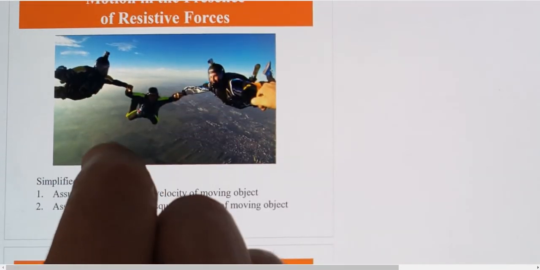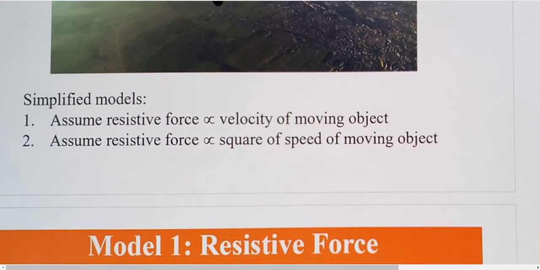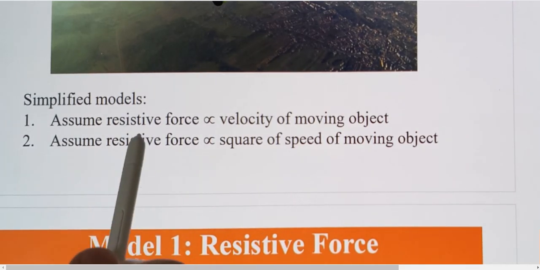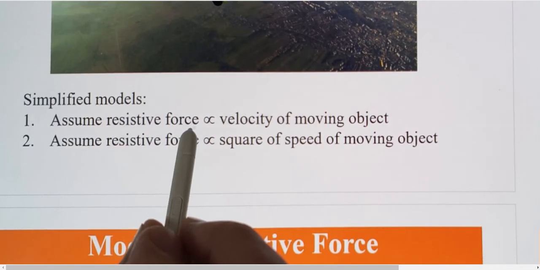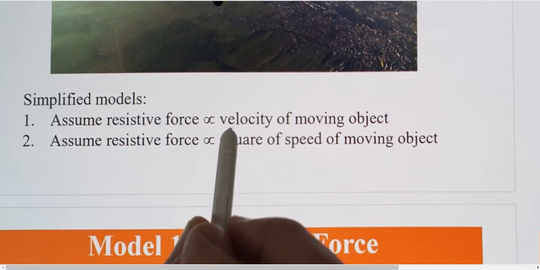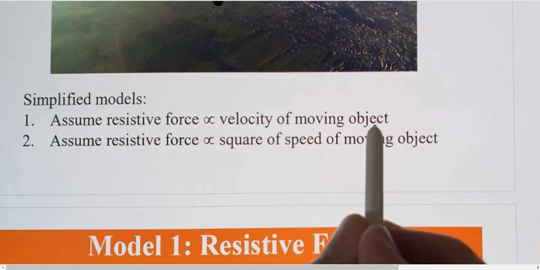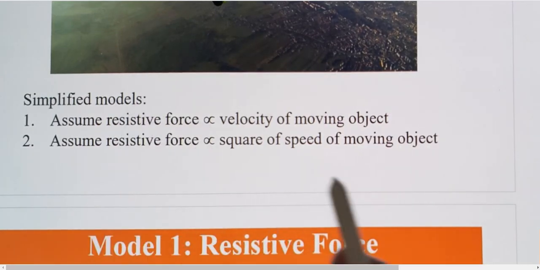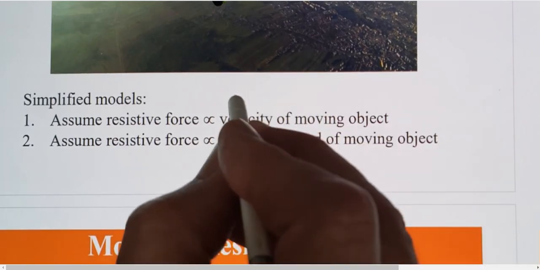Resistive forces, we have two kinds or two models. The first model, the resistive force is proportional to the velocity of the moving object. And this we can apply on two conditions.